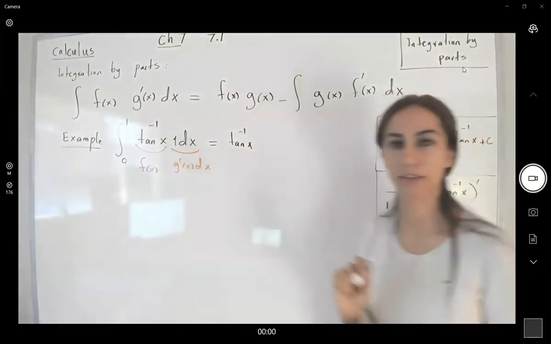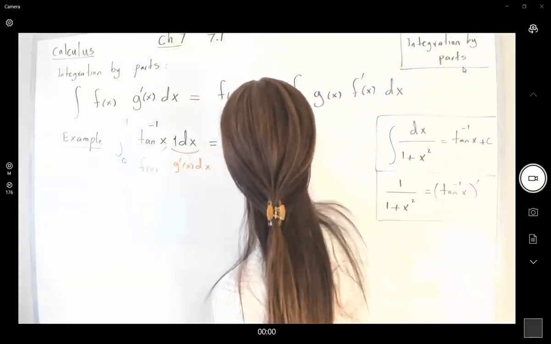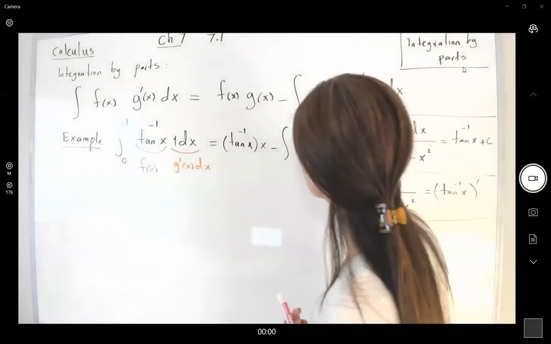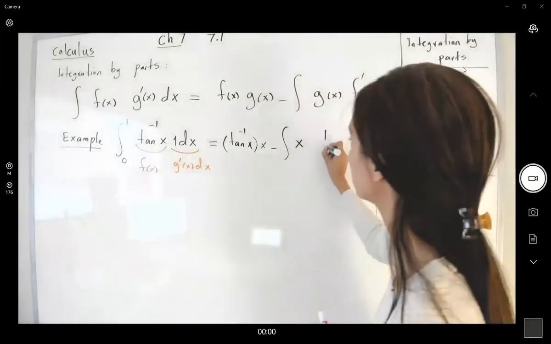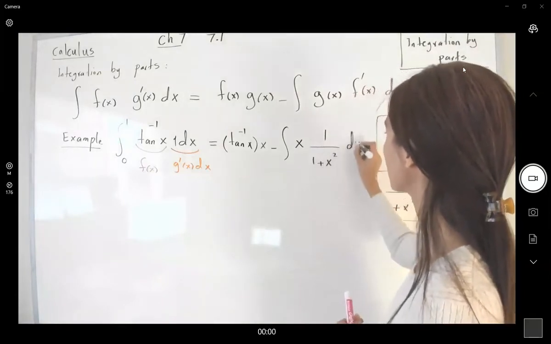The antiderivative of 1 is just x, minus the integral of g of x, which is x, times the derivative of inverse tangent, which is 1 over 1 plus x squared dx.